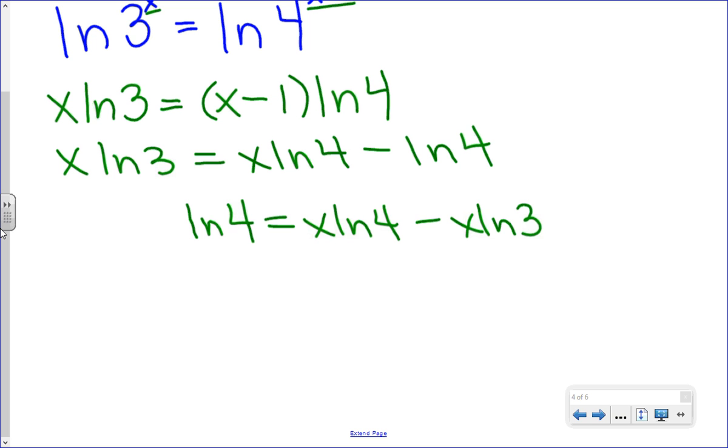Well, technically, yes. But if our ultimate goal is to solve for x, condensing might take us a couple steps backwards because it would put it back inside of the logarithm. If our ultimate goal is to solve for x, what do those two terms have? An x, which means we can do what with it?